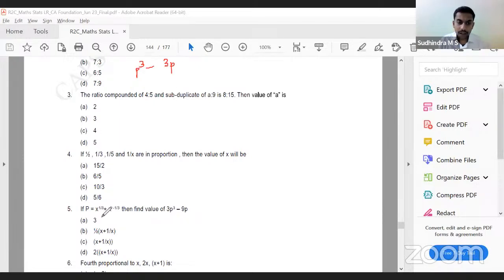What is the value of p? x to the power of 1/3 plus x to the power of minus 1/3. So p cube is x to the power of 1/3 plus x to the power of minus 1/3 cube, minus 3 into x to the power of 1/3 plus x to the power of minus 1/3.